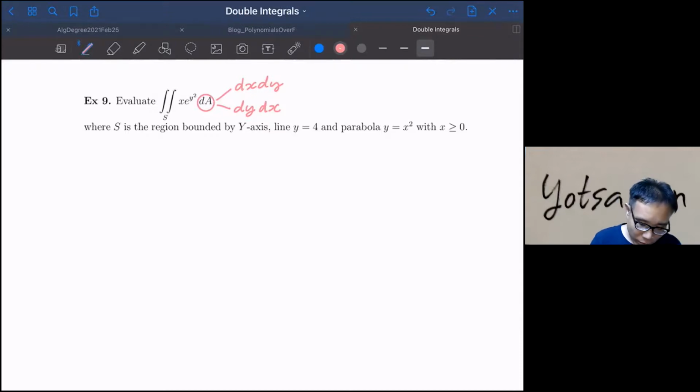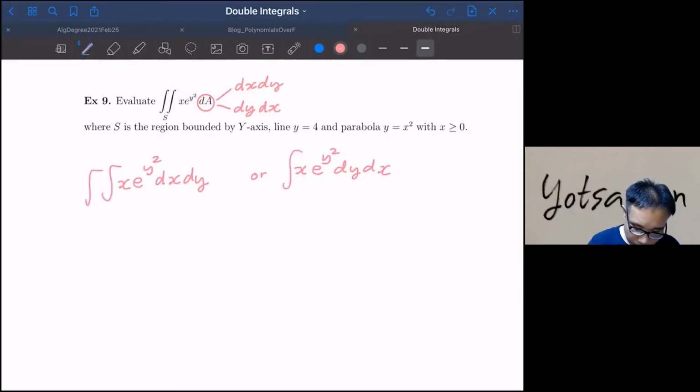And the thing that you see here is that you can have x e to the y squared dx dy, or x e to the y squared dy dx. So they seem okay, right? However, when you integrate, you see that the things you are facing are different.